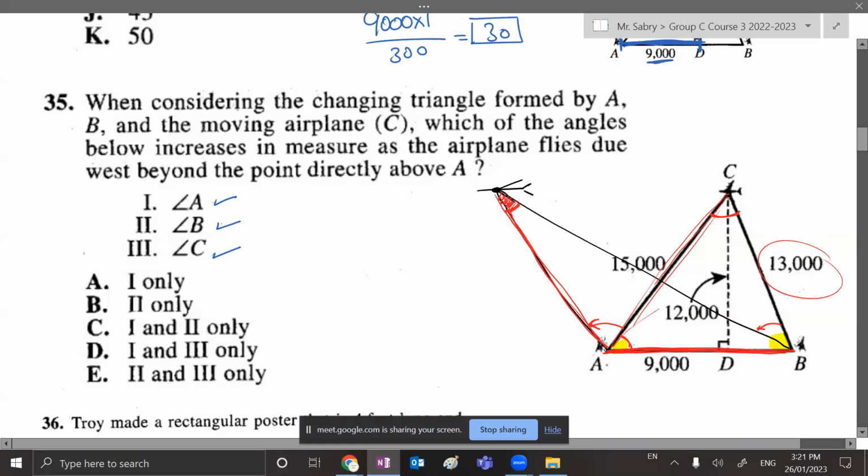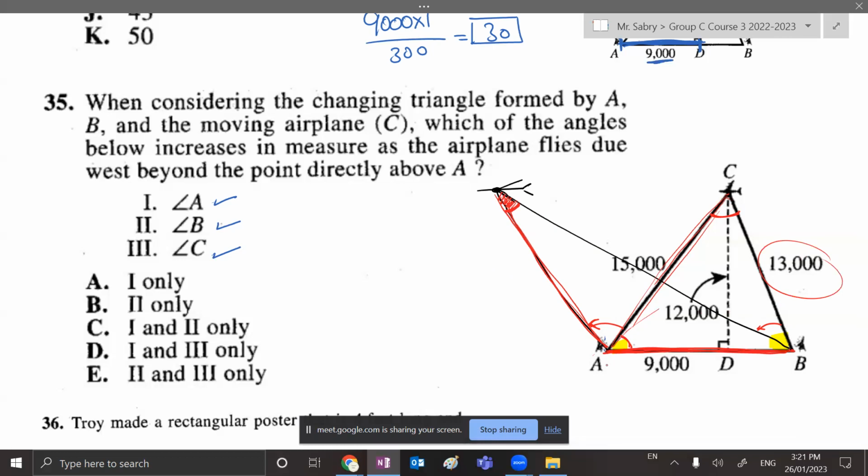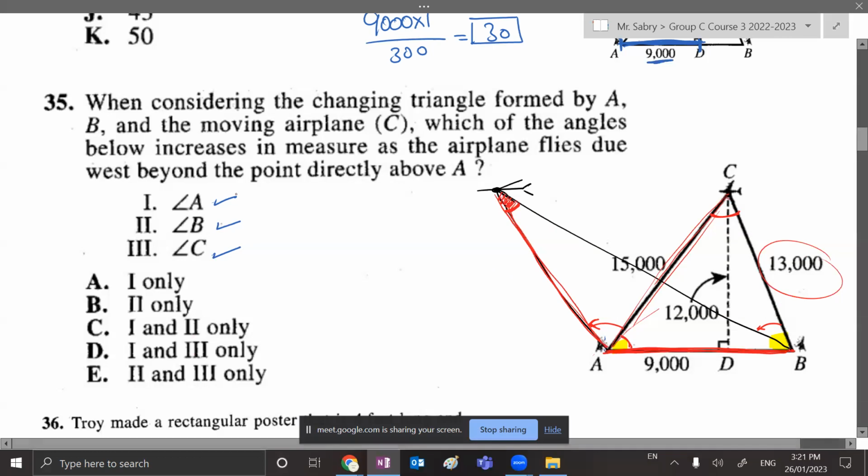So apparently angle A would change. So angle A and angle B must change because the distance between the airplane and the radars is changing. But the distance between the two radars themselves is not changing at all. So the angle looking at that distance should not change. So A and B will change, but C will not change ever because it's looking at the same distance that stayed the same no matter what.